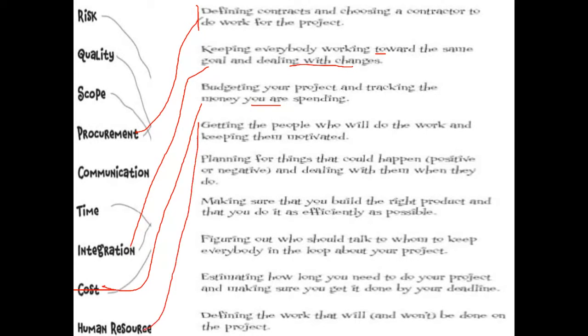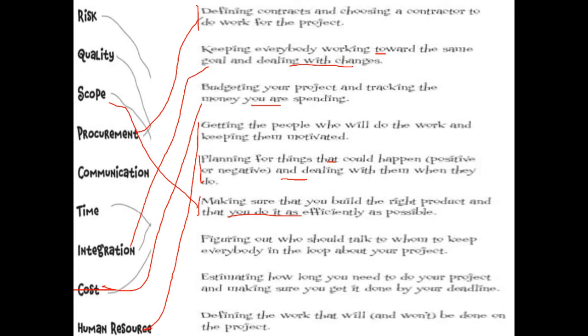That may be part of the human resource effort, planning for things that could happen, positive and negative, and dealing with them as they arrive, when they do. So I think that maybe part of change management, or making sure that you build the right product and that you do it as efficiently as possible.